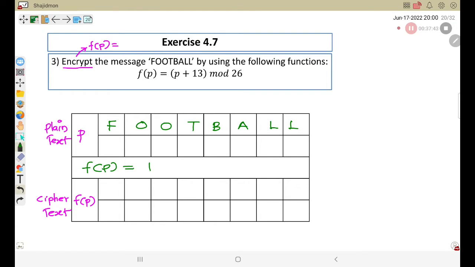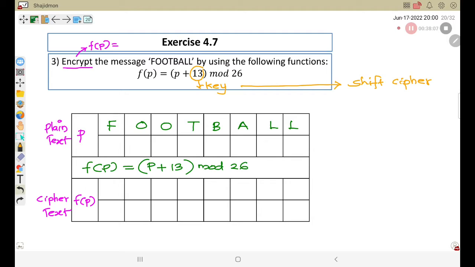F of P equals P plus 13 mod 26. Okay, so what is the key number here? Key number is 13, this number. So 13 means it is a shift cipher, because 3 means Caesar cipher. Other than 3 means it is a shift cipher or generalized Caesar cipher.